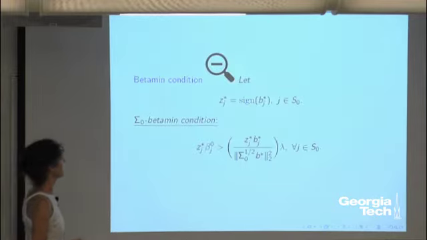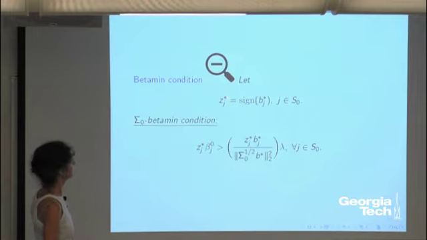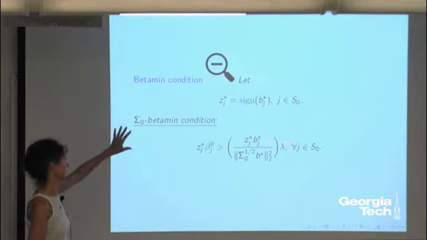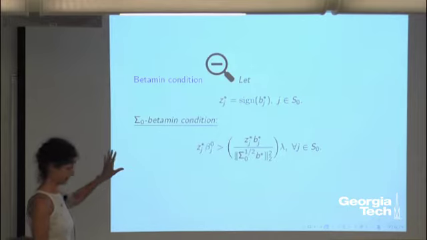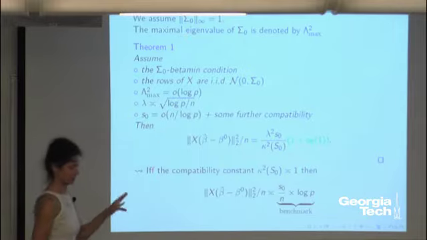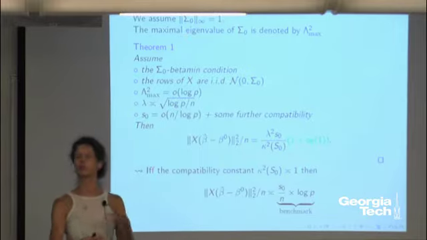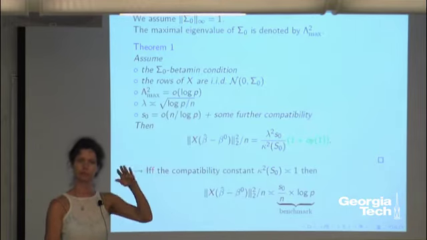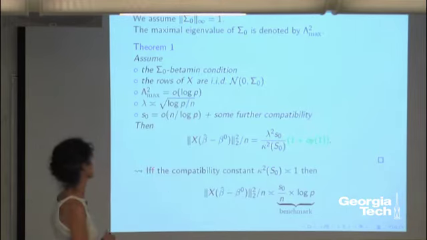Okay, so this is the beta-min condition that I'm going to assume. It's on the slide, but don't worry about it. Maybe you'd like to look at it, but there's some condition there, and then comes the following result. Say your design is random, and say the rows are IID copies of some vector with covariance matrix Sigma 0.